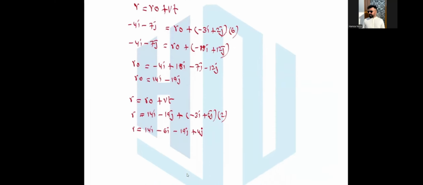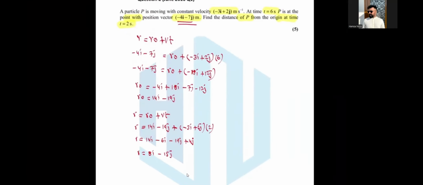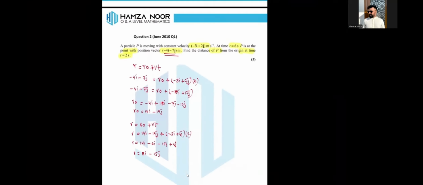Simplifying, r equals 8i minus 15j. This is the position of the particle from the origin when t equals 2 seconds.